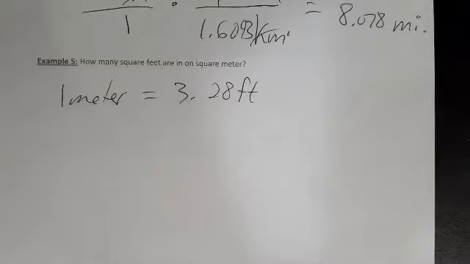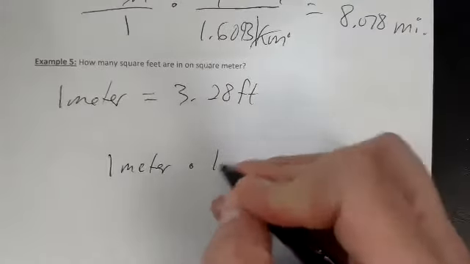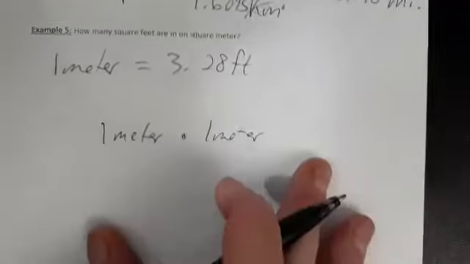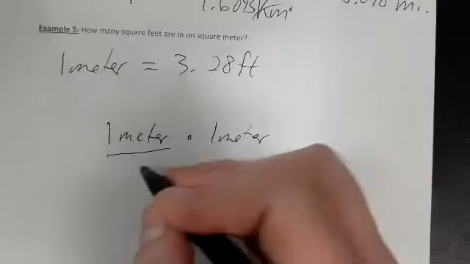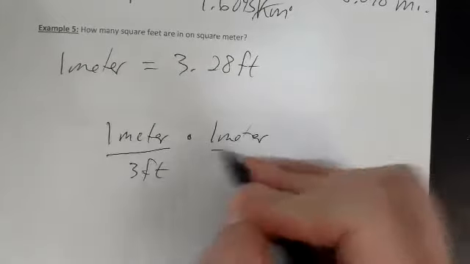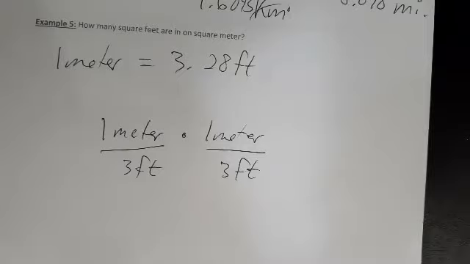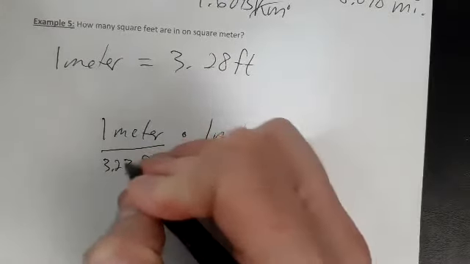How many square feet are in 1 square meter? So if I start out with 1 meter and I want to square it, for every 1 meter, there are 3.28 feet, sorry, let's be a little more accurate.